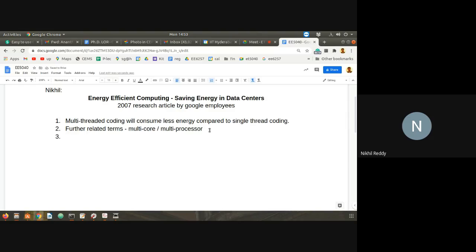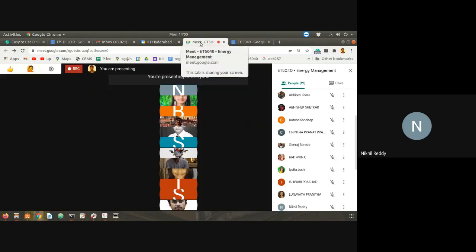But what happens in a lot of these servers is when you run single threaded code, it's not only the processor that's on, lots of other peripherals, like let's say the UPS is on, some fan is on, etc. All these things consume energy. And let's say multi-threaded code runs like 3 times faster.